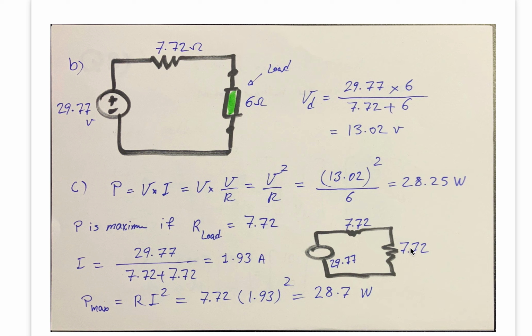Now, in order to obtain that power, we need I. So I, or current, equals this voltage, VTH, divided by the total resistance in this circuit, 7.72 plus 7.72. You get 1.93 amp as the total current. So P equals R I square. R is 7.72 and I is what you got here. And you obtain this power, which is slightly more than the previous power.